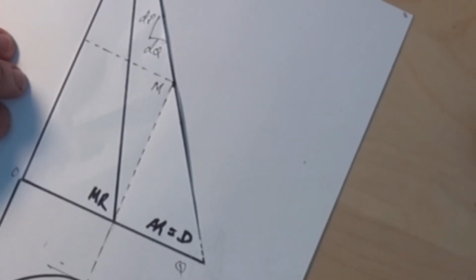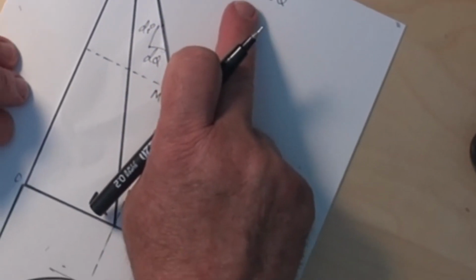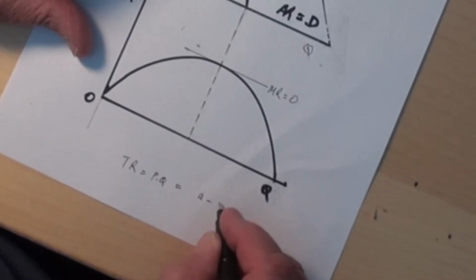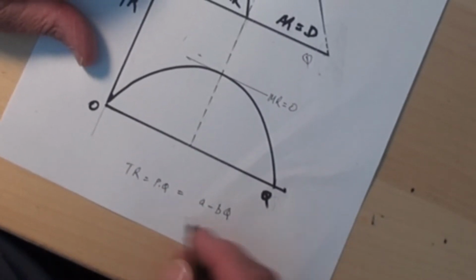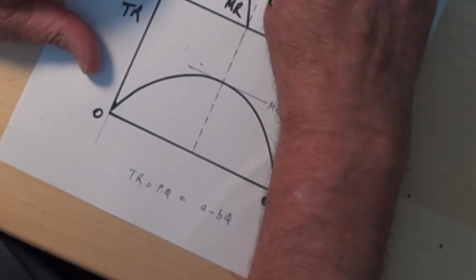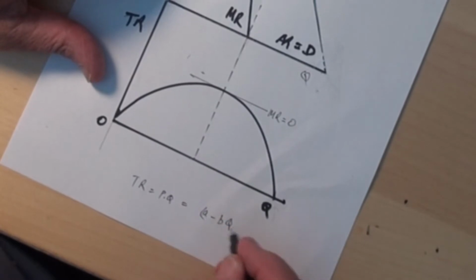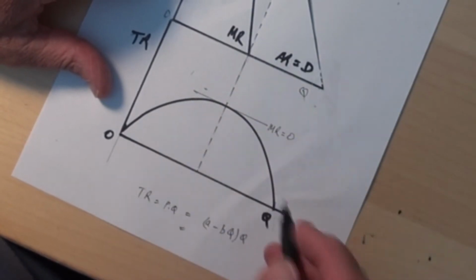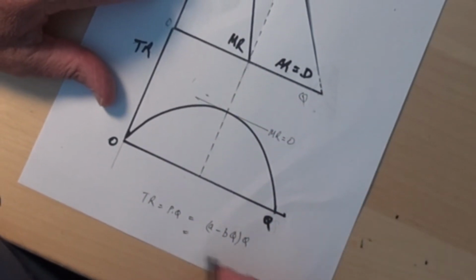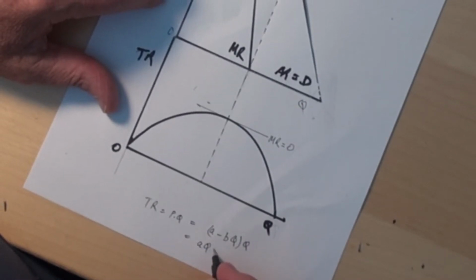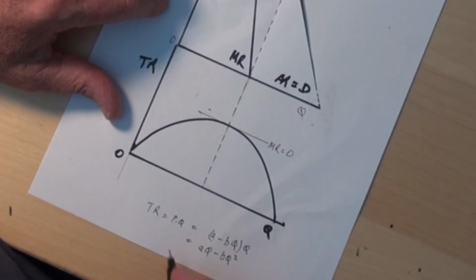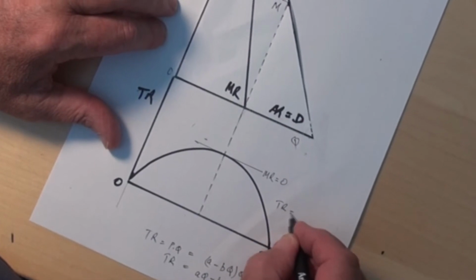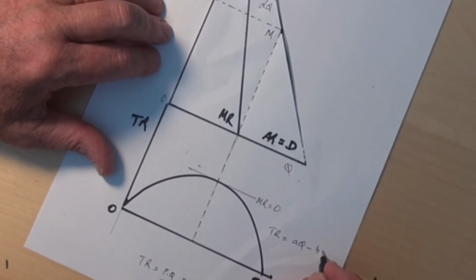From the equation here, we can enter A minus BQ, which is the price, times Q. And so the total revenue becomes a parabola equal to AQ minus BQ squared.